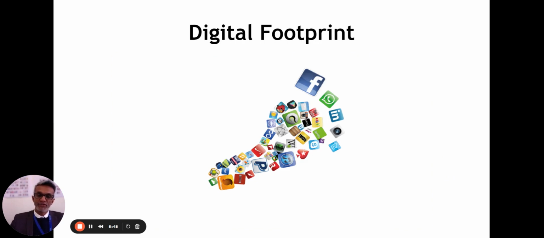Before we carry on with the continued discussion, I want to mention something called a digital footprint. I'm sure we've all been to the beach at some point, and when you walk on the beach, it leaves a footprint. That footprint can be easily erased by the sea, or you could just put more sand on it, and that footprint just disappears.